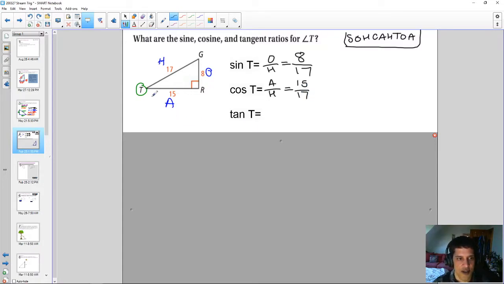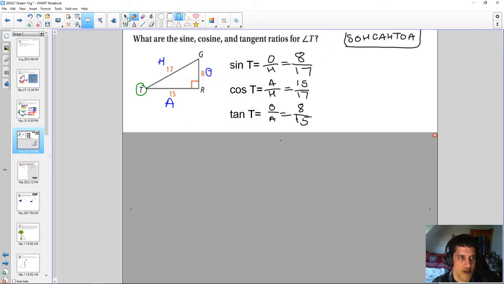And then tangent of T is going to be opposite over adjacent. Opposite is 8, and adjacent 15. Awesome. So we've got our 3 trig ratios for our triangle GRT over here, okay? We could simplify these if they were reducible, but in this case, they're not quite reducible, all right? Awesome.